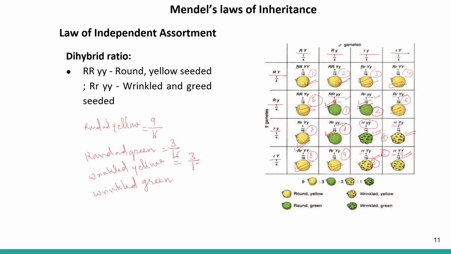So 3 by 16, and this is only 1, that will be 1 by 16. So what will be the ratio? The ratio will be 9:3:3:1. So total 16. So out of 16, 9 are round and yellow, 3 are round and green, 3 are wrinkled yellow, and 1 is wrinkled green. Okay.